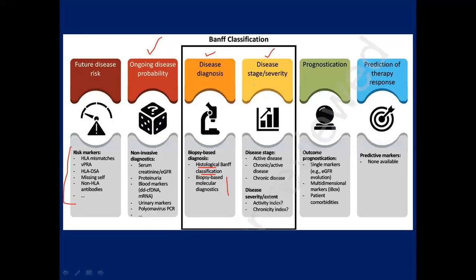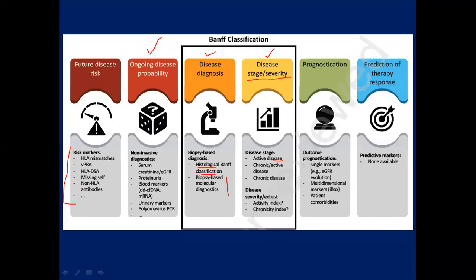This is to assess the disease stage as well as severity. When we say this is active disease, it means you find thrombotic microangiopathy, glomerulitis, or PTC capillaritis. On the other hand, if you see a lot of chronicity in the form of tubular fibrosis, tubular atrophy, interstitial fibrosis, or a chronic vascular rejection like transplant arteriopathy, these findings suggest a more chronic disease.